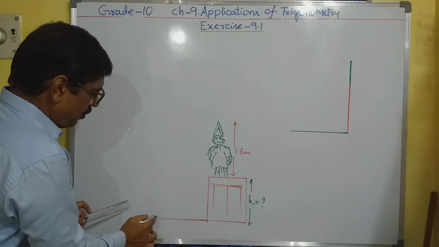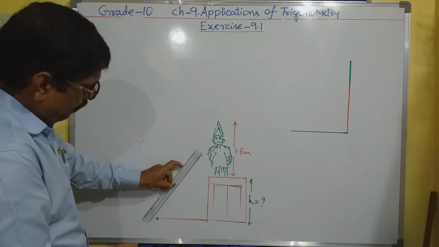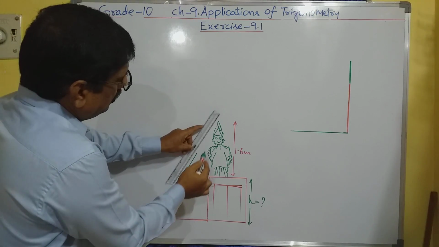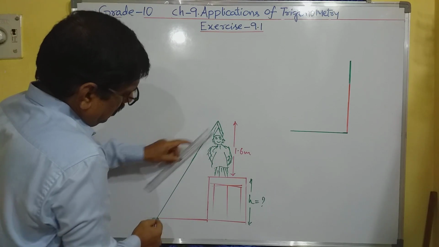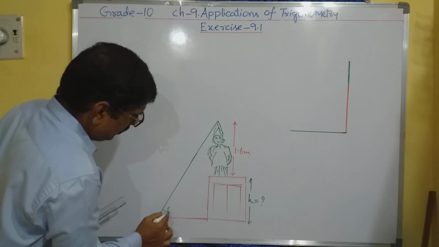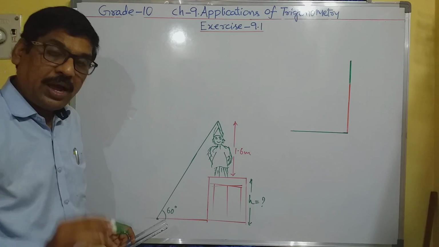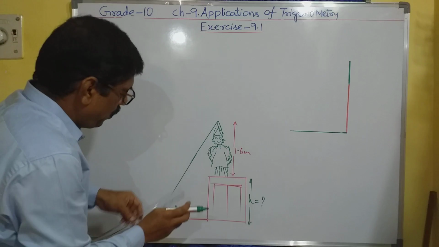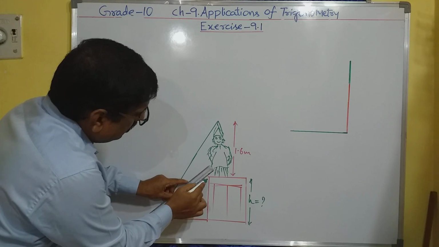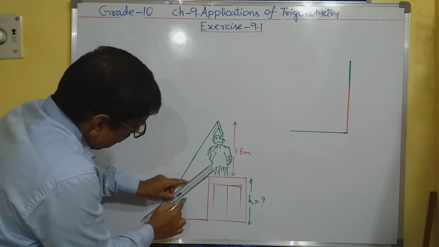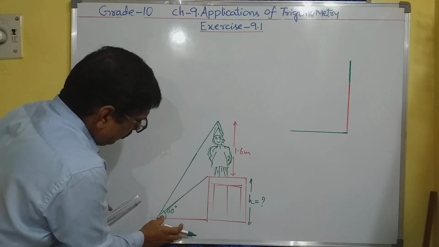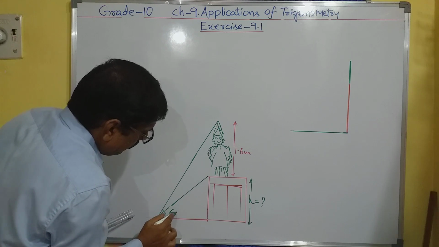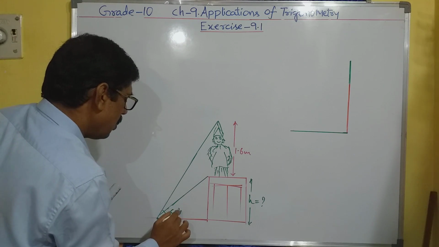When an observer looks from a point and observes the top of the statue, the angle so formed is 60 degrees, and from the same point if he observes the top of the pedestal, that means the bottom of the statue, both are same, then the angle is 45 degrees.